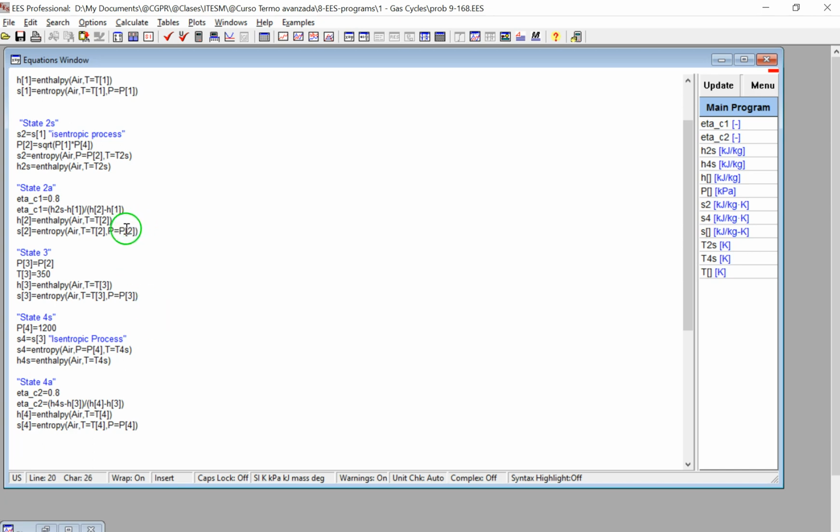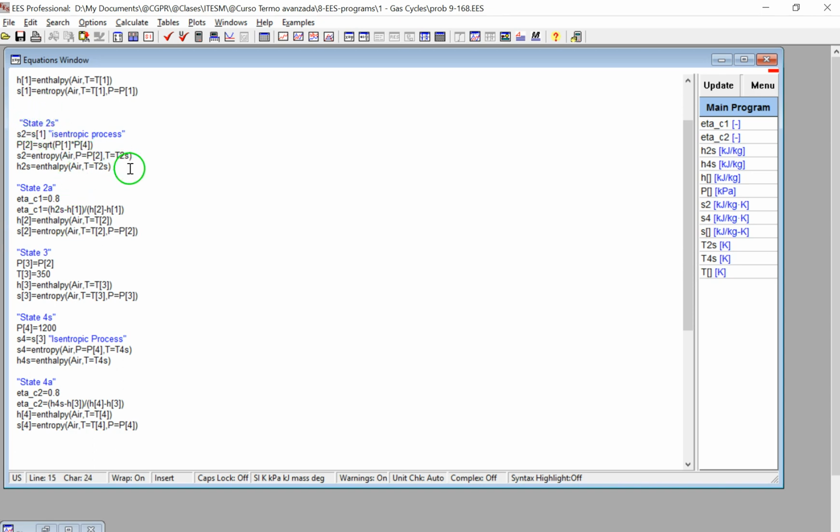But notice that every time we compute one state, we solve it to see that there's no problem. That is a good approach. You don't want to work 2 hours, have a lengthy code, and then try to debug it, finding out that you have a lot of typos. So this is a better way of proceeding.